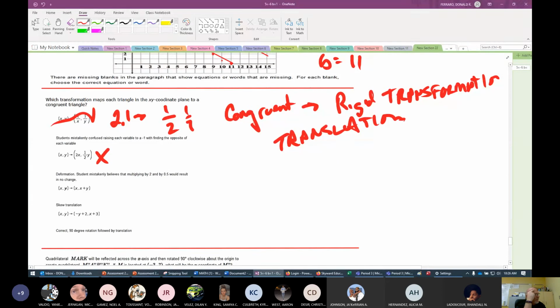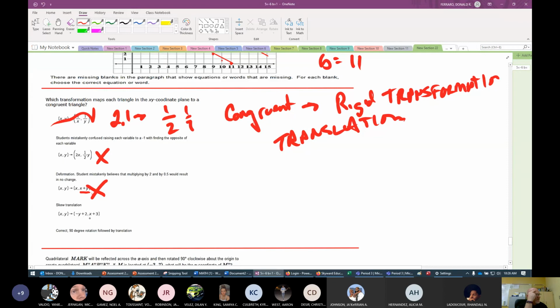Here, y is actually going to get bigger because the y coordinate is going to x plus y, so that's not correct. And here, what we've done is we're just moving our points.